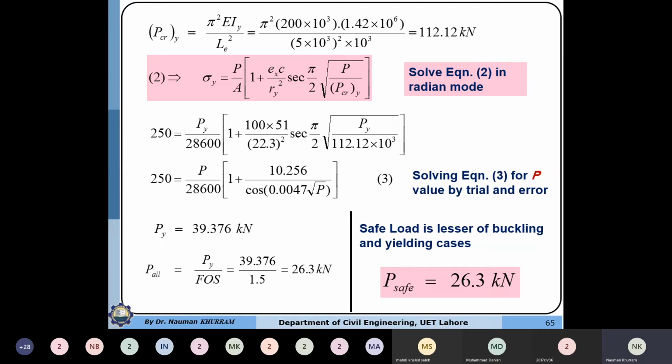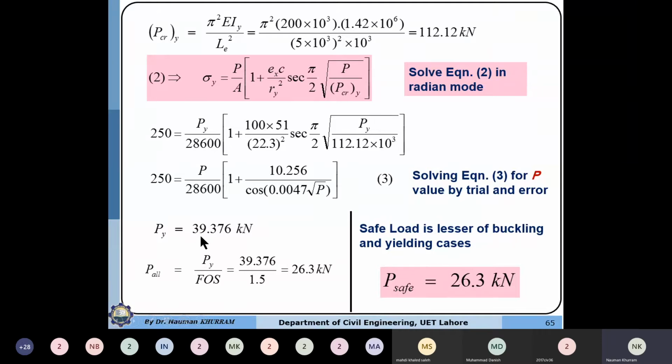About the P critical. Here you will see that yielding takes place at a load of 39.376 in the column about the y-axis, which is at a lesser load, due to the eccentricity.